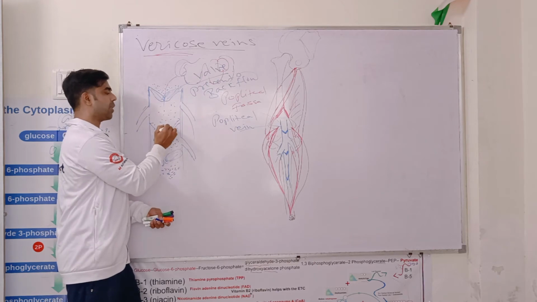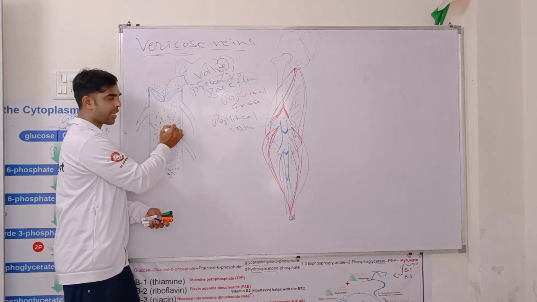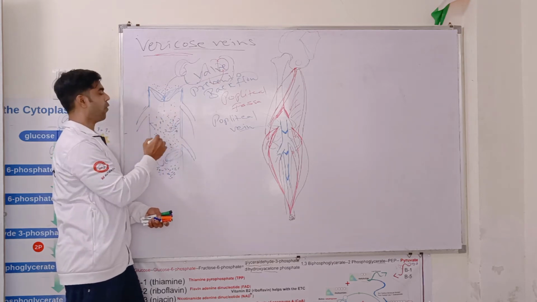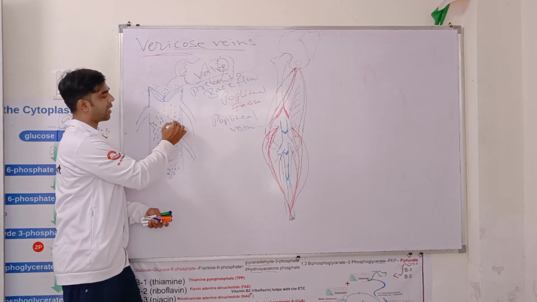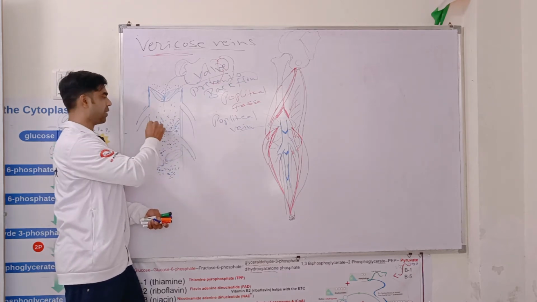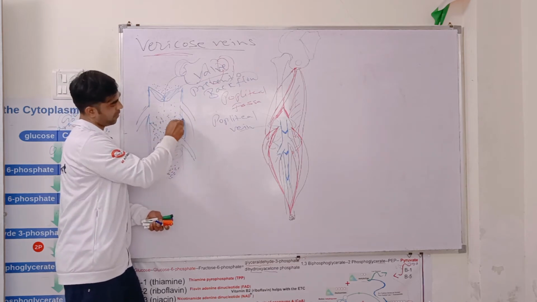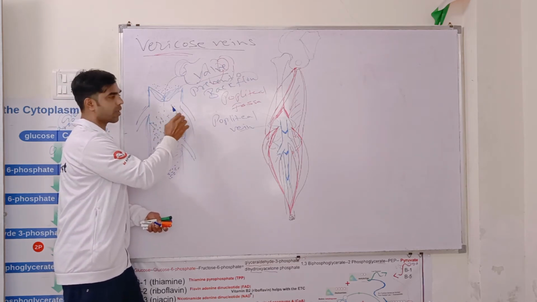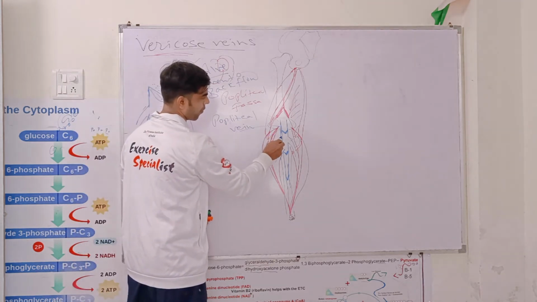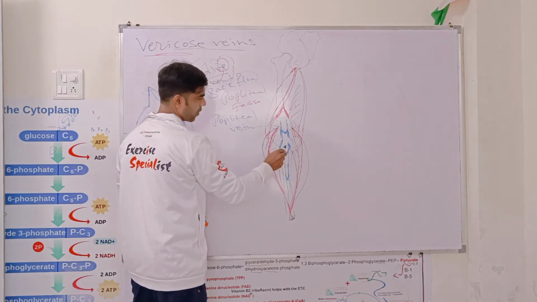Due to which the fluid will accumulate here and this will look dark, right? Now once this fluid is accumulated, this will go into swelling, so it will look like a thick vein at the popliteal fossa or below the popliteal fossa, right?